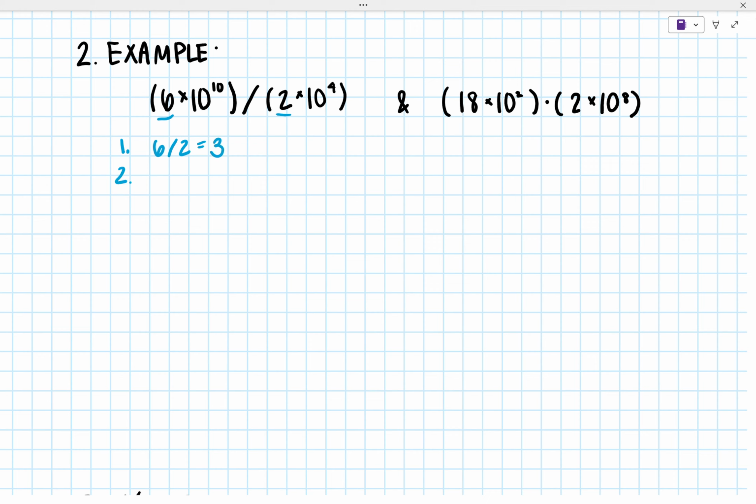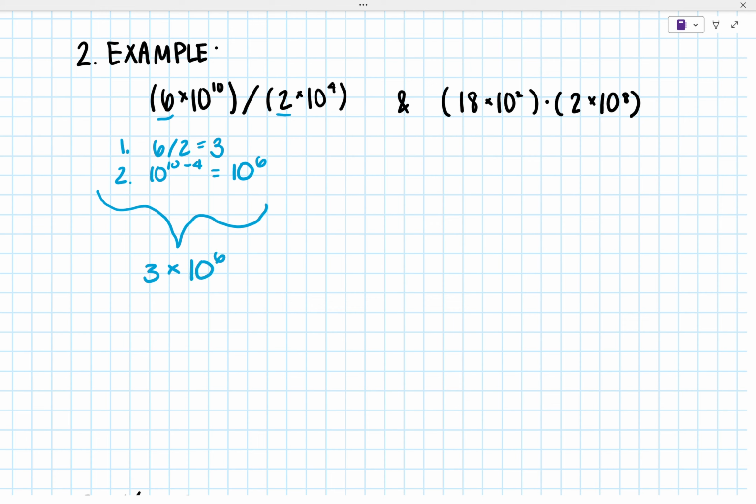And then because of the quotient property of exponents, we can subtract our exponents. So 10 to the power of 10 minus 4, which equals 10 to the power of 6. And then when combining these two, we will get 3 times 10 to the power of 6.